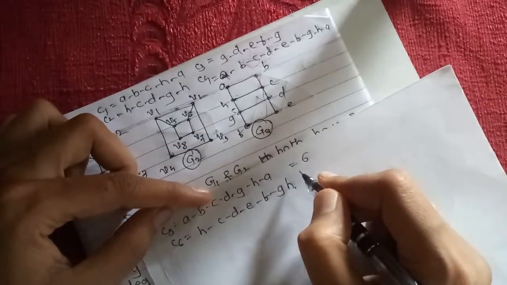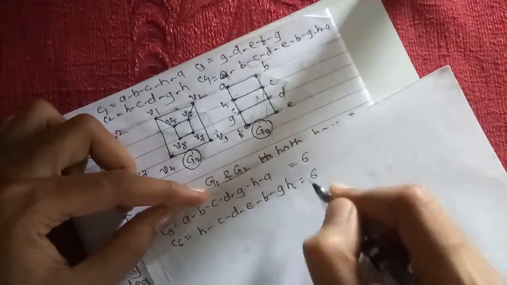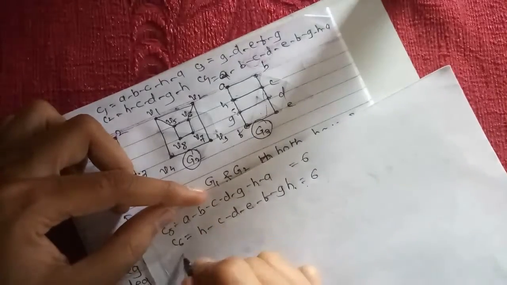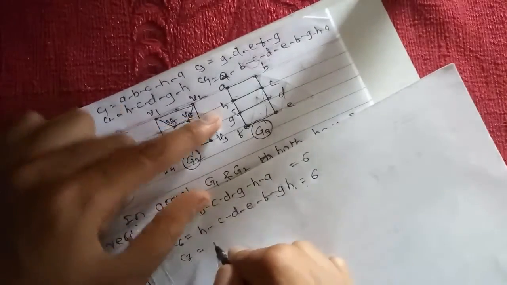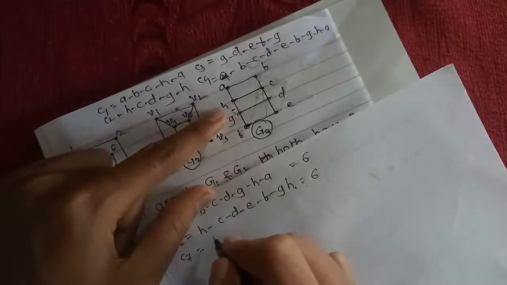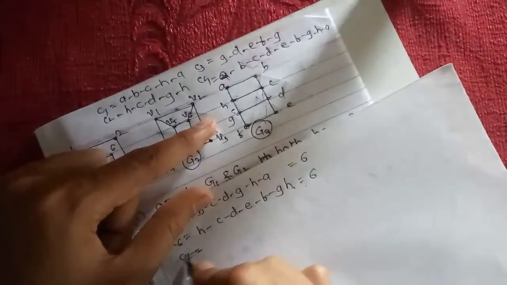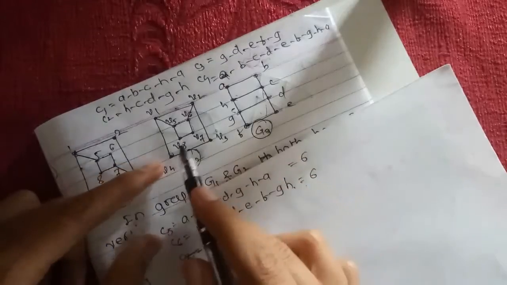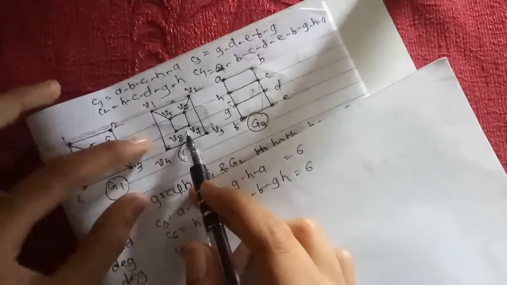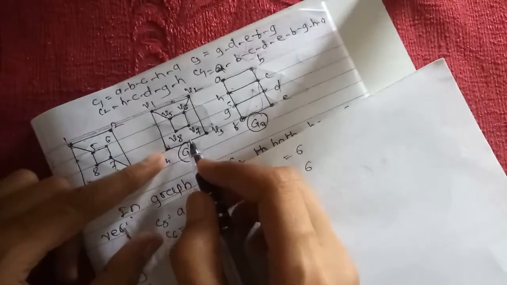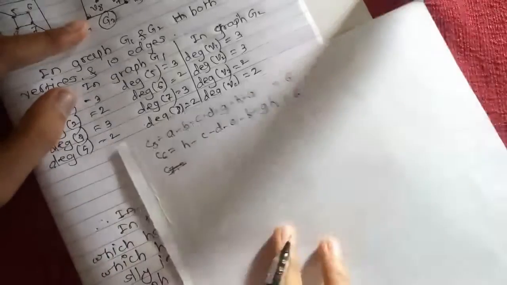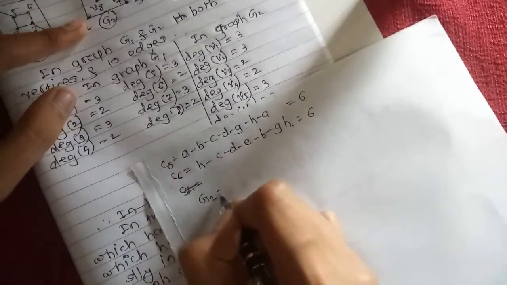The length of C5 is equal to 6. Also the length of the cycle C6 is 6, and C7 is ABCD. We have done this, right? And we have also seen the cycles of G2, these 4 cycles, and there are other cycles in graph G2.